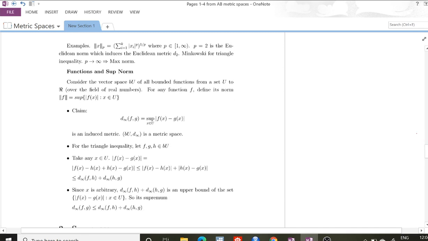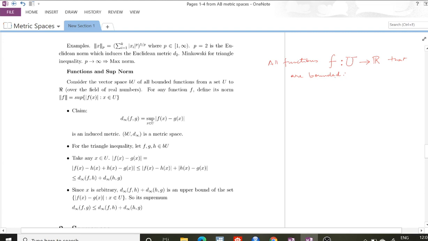So one vector space that we'll use a lot in dynamic programming is the space of all real valued functions that are bounded and that go from some domain U to the real numbers. So consider all functions f from some domain U to the real numbers, all functions f that are bounded.